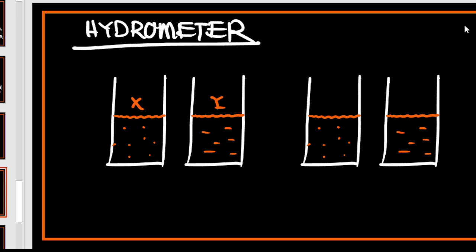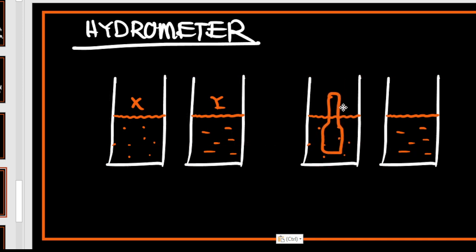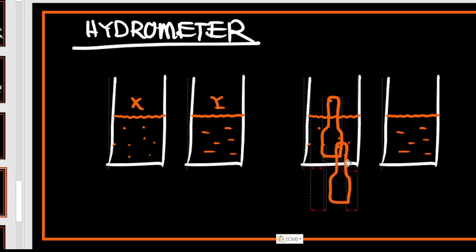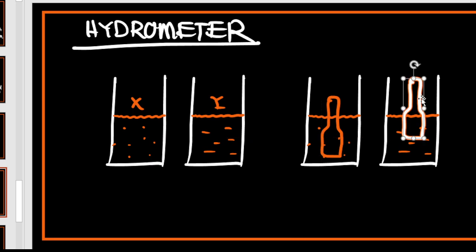Just hold on. We have this was inside X to this depth, and this was inside Y to this depth. The same kind of hydrometer, this is in X and this is in Y.